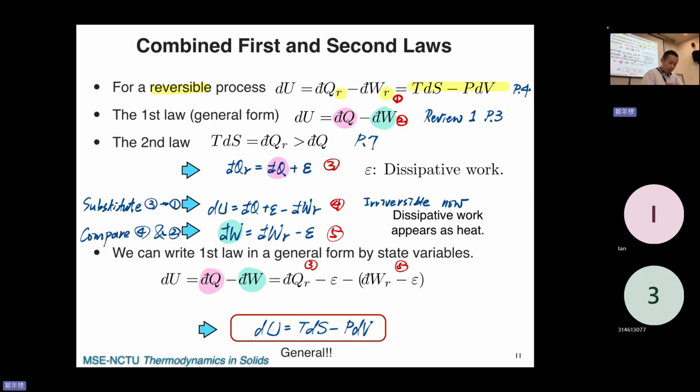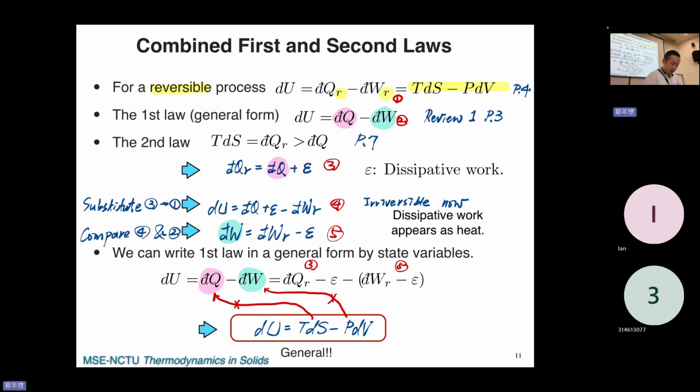But one thing we need to say: although it can obtain the same equation, can you say TdS equals d bar Q? Can you say minus PdV equals d bar W? No, we cannot.